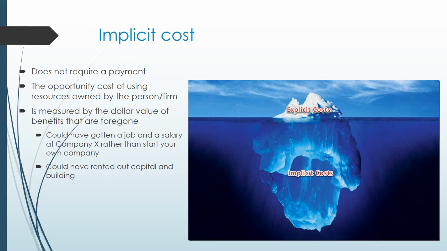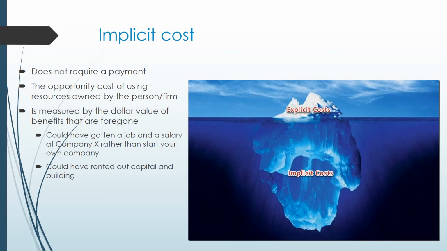So you see the analogy of the iceberg: the explicit cost is what you can see on the outside because you can count up the costs they have paid to workers and for labor, etc. Implicit cost we don't really see. Remember what opportunity cost is. It's talking about our next best option.